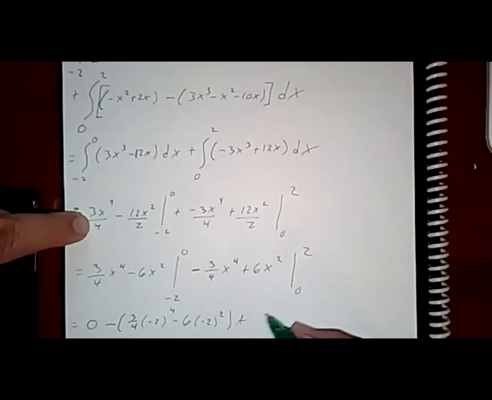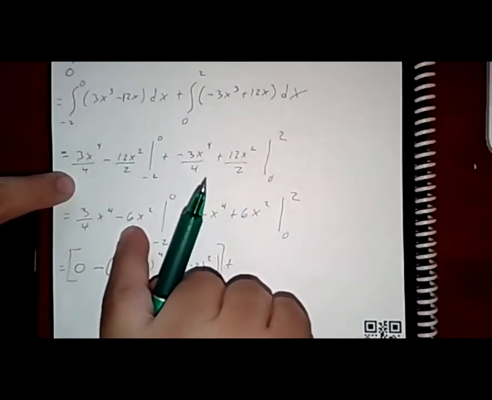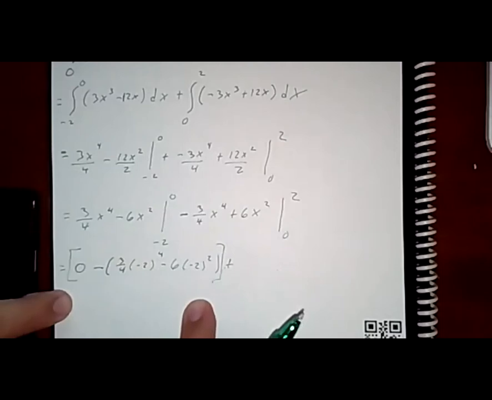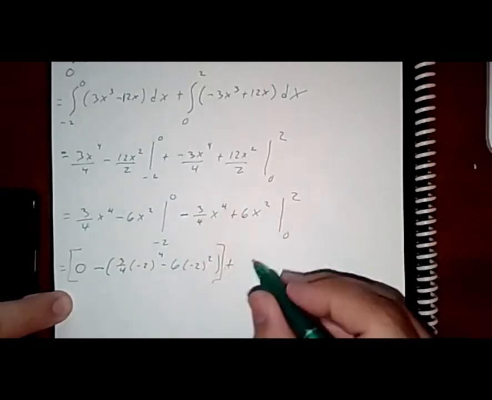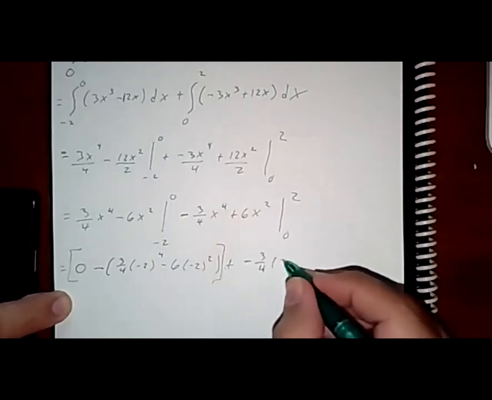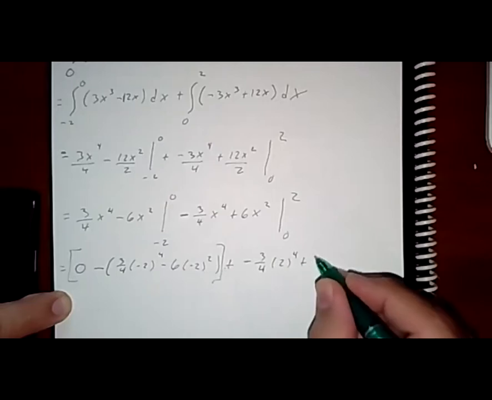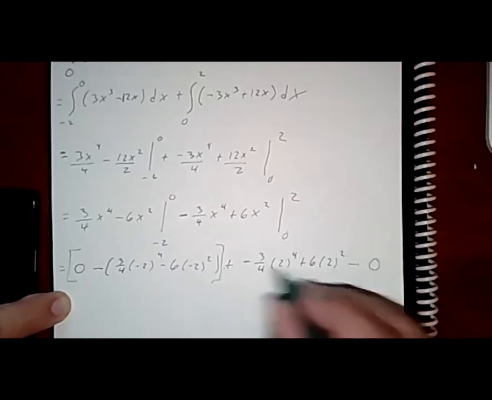Plus, put brackets on the first integration so it's a little more clear. So that's the first one here. Now plug in the 2, that will be -3/4 times 2 to the 4th plus 6 times 2 squared minus 0 because of this 0.